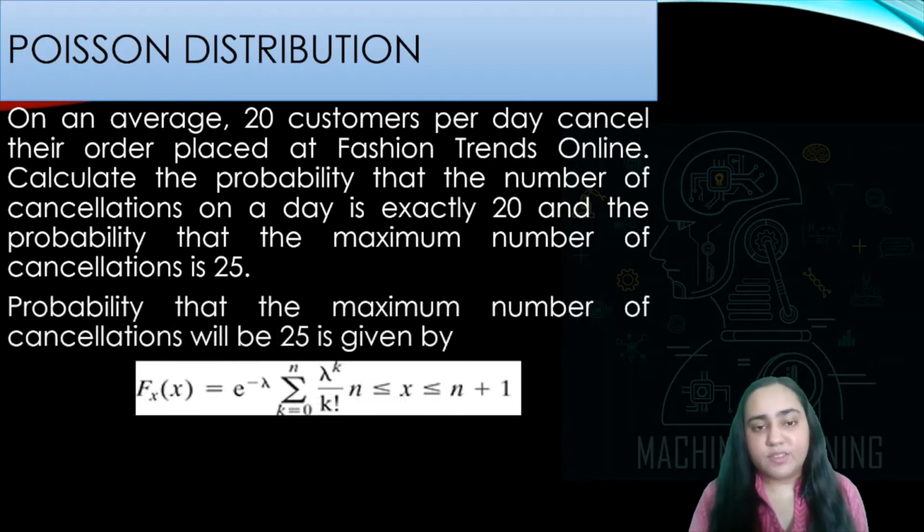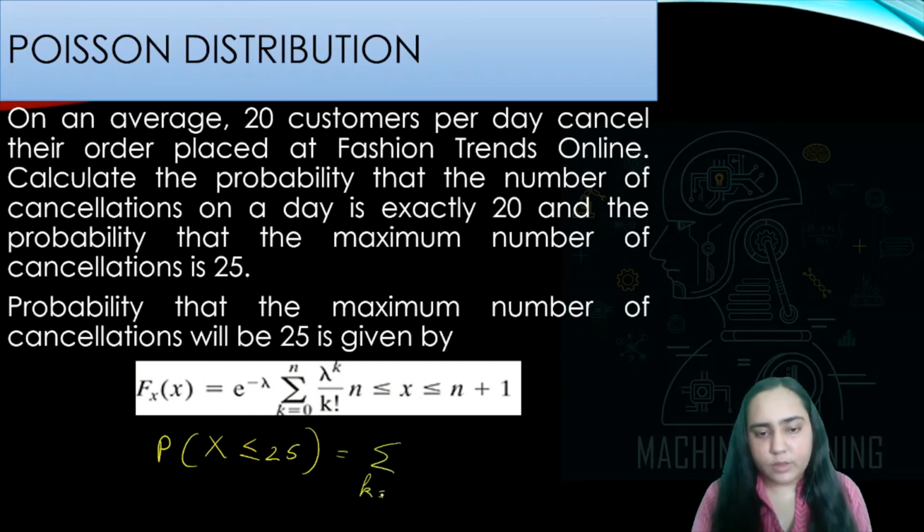Let's take a look at the second part of the question, which says the maximum number of cancellations will be 25. So we are going to use the formula with sigma, the cumulative distribution function. What we want to calculate is P of X less than or equal to 25, which means the sigma goes over k from 0 to 25.